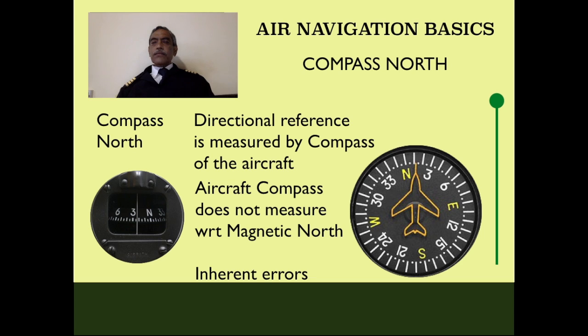So that is what the aircraft compass will measure. That means the aircraft compass is going to measure a north with respect to the magnetic flux. But of course, there are going to be errors in the directional reference.